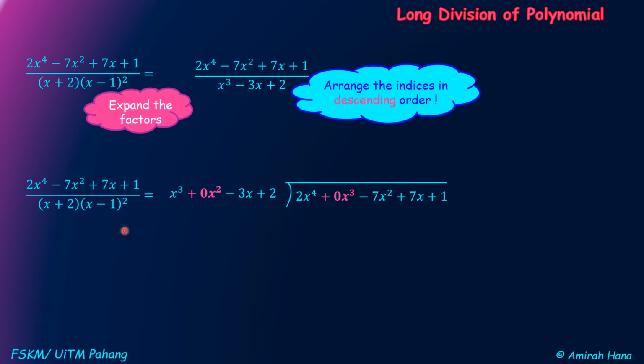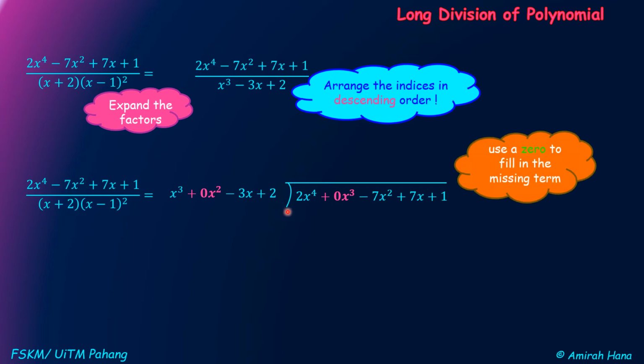When we expand x plus 2 times x minus 1 squared, we get x cubed minus 3x plus 2.